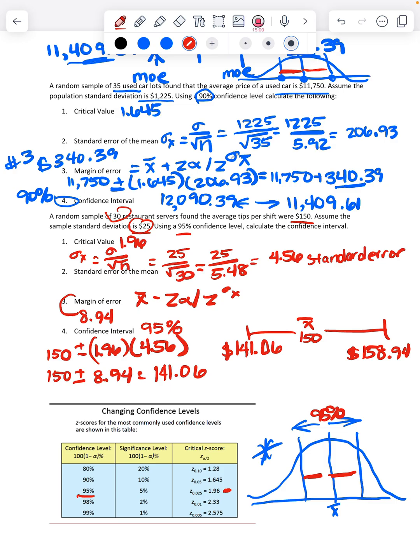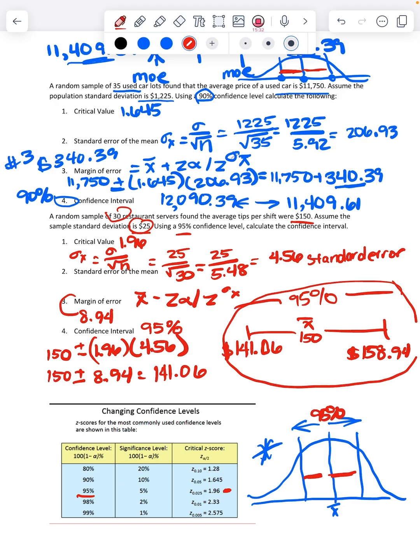So what does this mean? Well, this means that 95% of restaurant servers found the average tips per shift were 150. Assume standard deviation is $25. So 95% of the tips are going to hover between $158.94 and $141.06. So 95% are going to fall within this range.